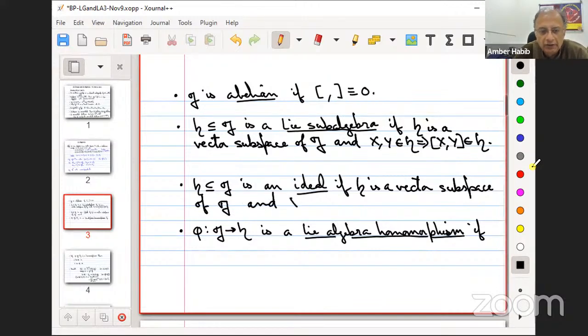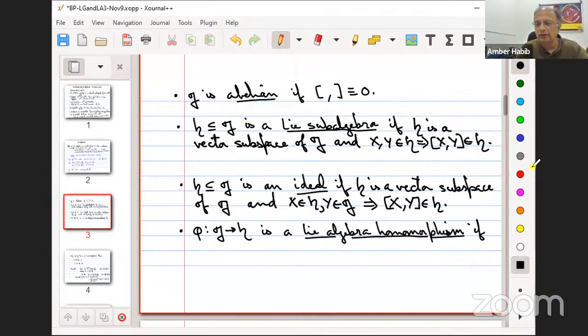You can probably guess what it is. If I take something from H and I take something from the big algebra, then the bracket should be in H. Right? So that's the usual definition of ideal for a ring. Okay, all right, so that's the definition of an ideal.